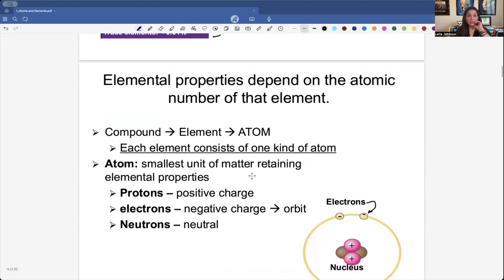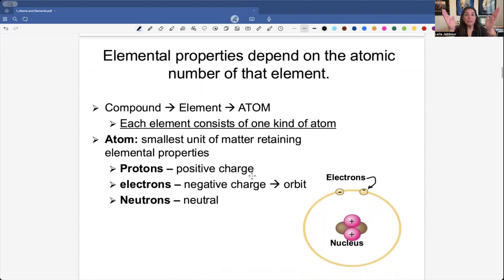All right. So the element is the smallest, but like my analogy, it's the smallest Lego piece. Okay. So these different elements, the element of carbon, or nitrogen, or oxygen, they each have different properties, right?